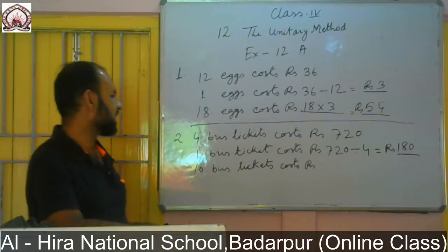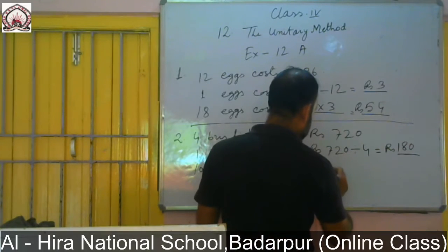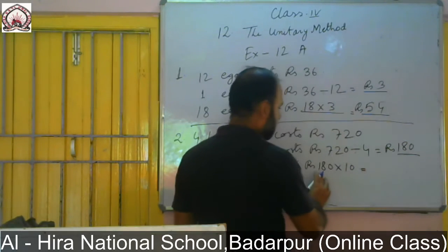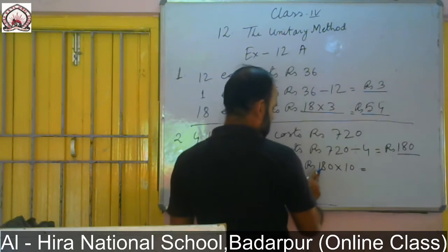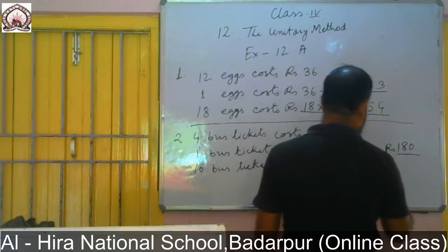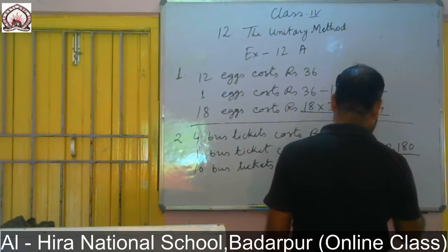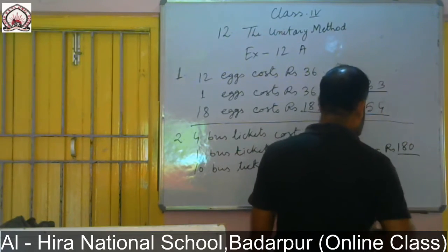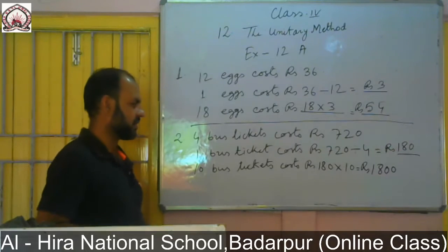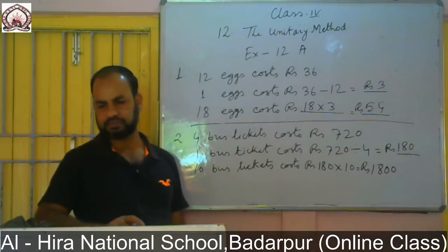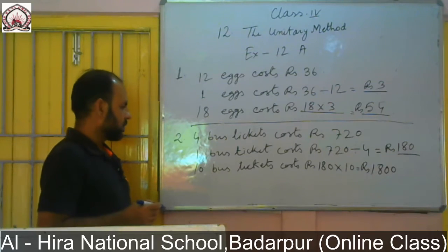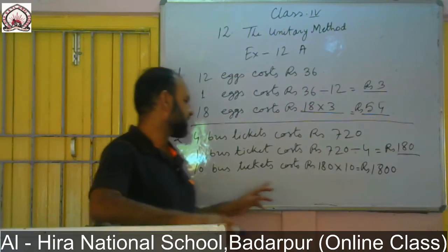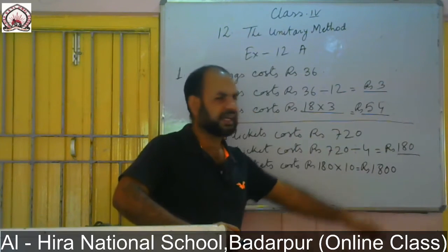So 10 bus tickets cost is 180 into 10 equal to 1800 rupees. So the cost of 10 bus tickets equal to rupees 1800.